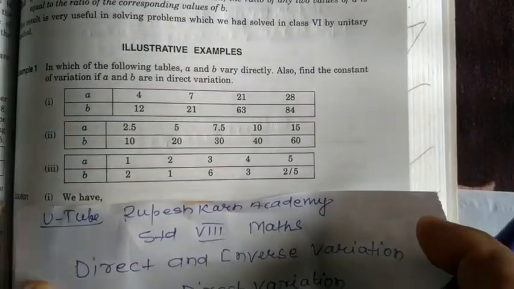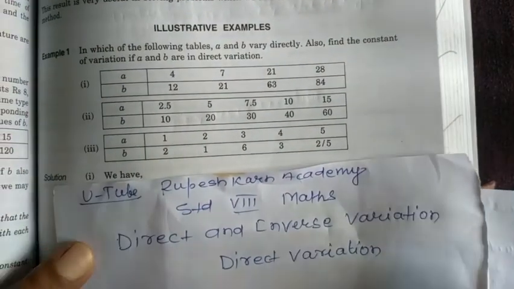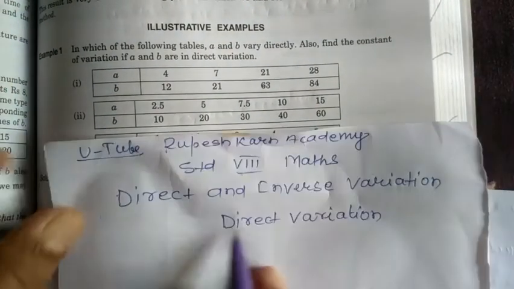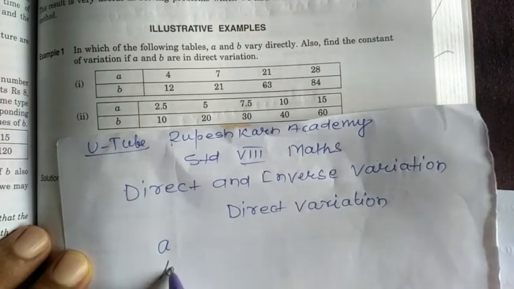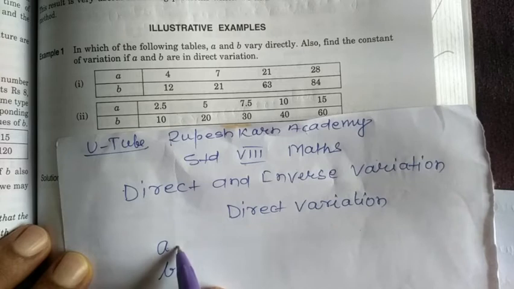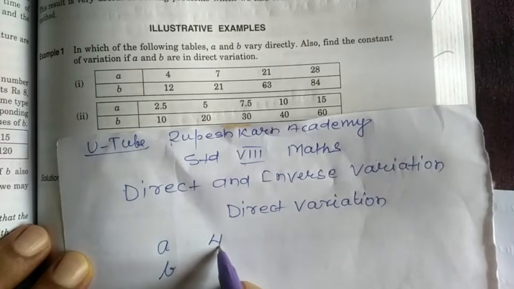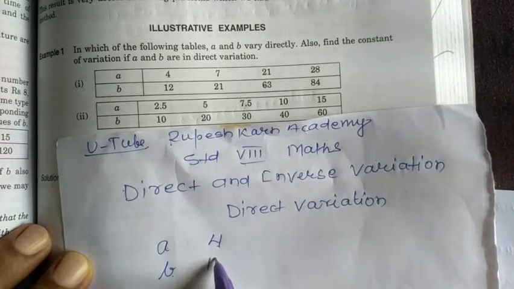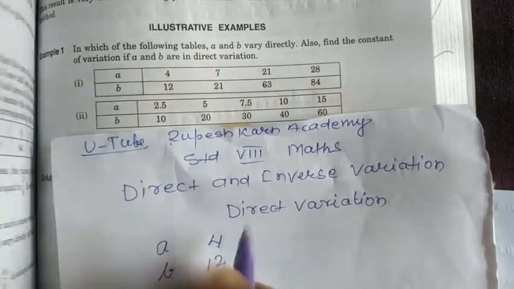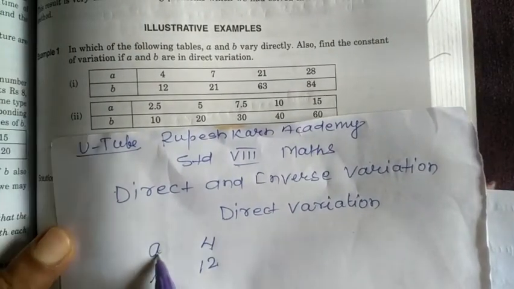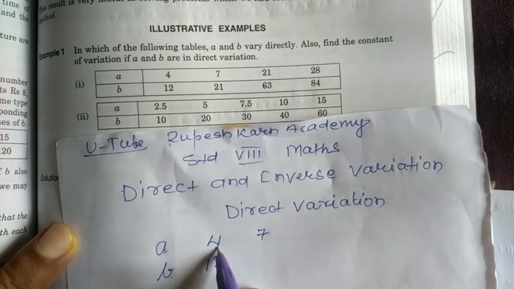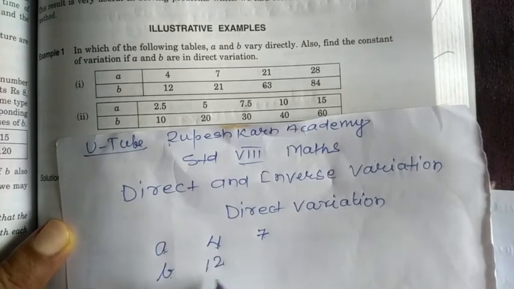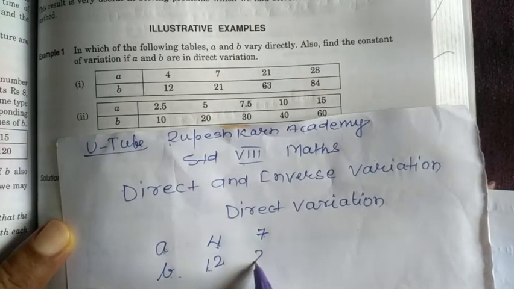From the illustrative examples given in the book. Now see, two values are here, A and B. At first the value of A is 4, then the value of B is 12. Now see, the value of A increases from 4 to 7. The value of B also increases in the same way.